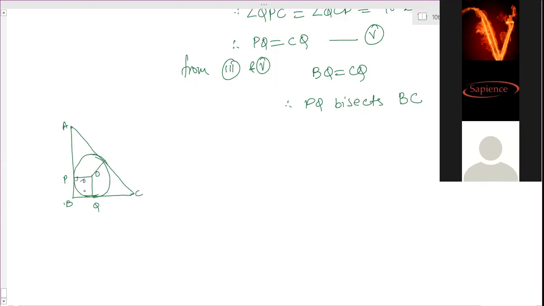This is R, this is 90, this is 90, and they have given this is also 90. AB is 8 and BC is 6. So you will get AC as 10 by Pythagoras theorem.